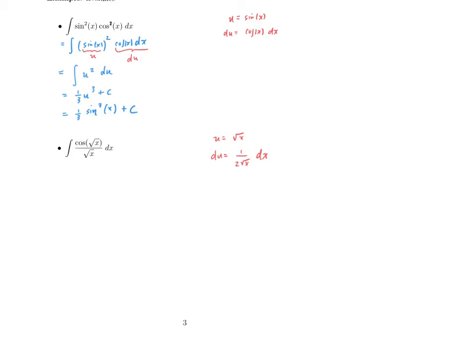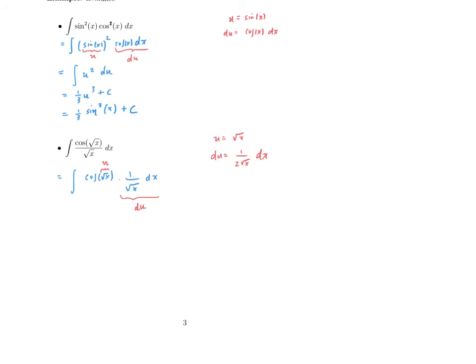And just to make our integrand a bit more clear, we certainly could write this as cosine of the square root of x times 1/(the square root of x) dx. So square root of x inside the cosine is going to play the role of u. What we would like to happen is this 1/(square root of x) to end up being somehow related to du.